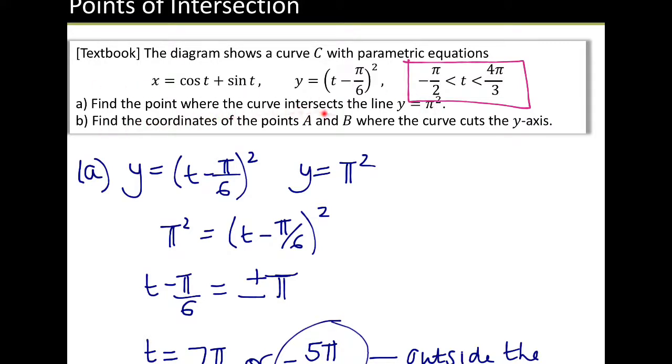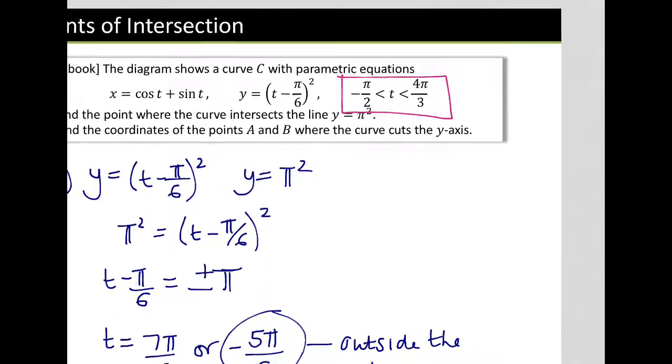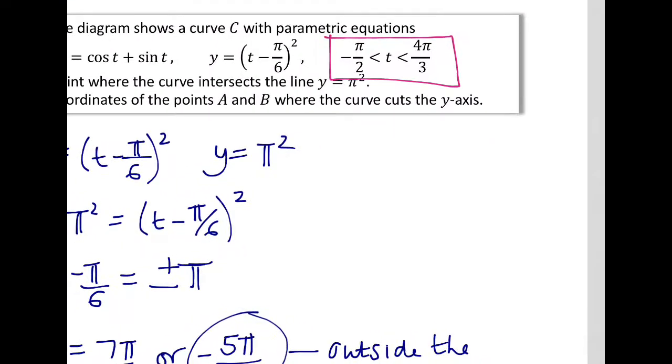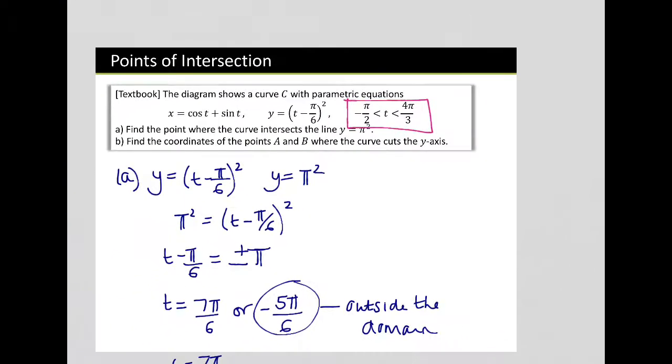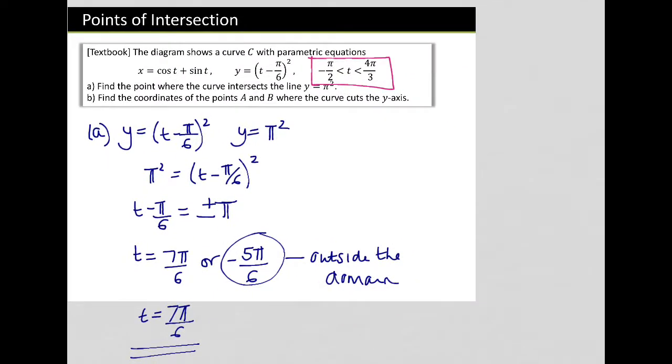Now, find the coordinates of A and B where the curve cuts the y-axis. So if we're looking at where it cuts the y-axis, this is when x equals 0. So I'm just going to move over here a little bit, give myself some more space, perhaps shrink the page a little bit as well.